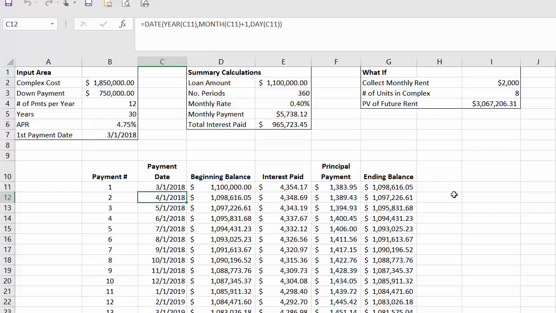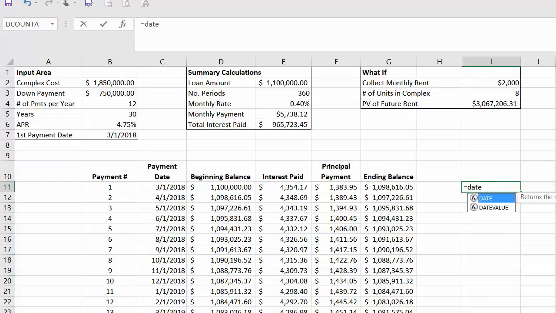So just to show you over here to the side, if we said equals date, notice that it requires you to enter the year, the month, and the day. So for today, the year is 2017, the month is March, and the day is the 6th.